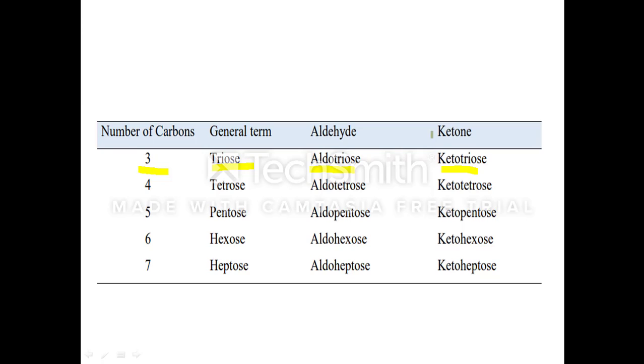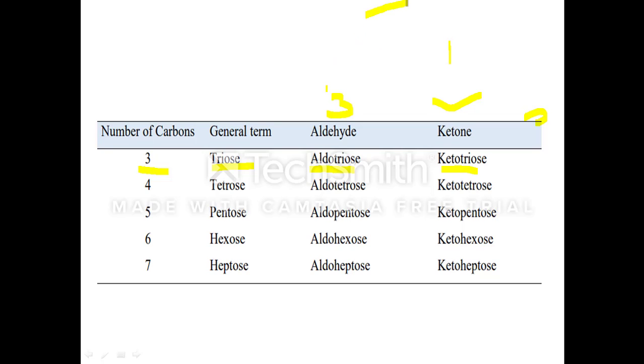The best example of aldotriose is glyceraldehyde, which has 3 carbon atoms and the aldehyde functional group, whereas the ketone form is dihydroxyacetone, DHAP, that you will know in the metabolism class, where when learning about glycolysis we will learn about glyceraldehyde 3-phosphate and DHAP. So these are interconvertible.